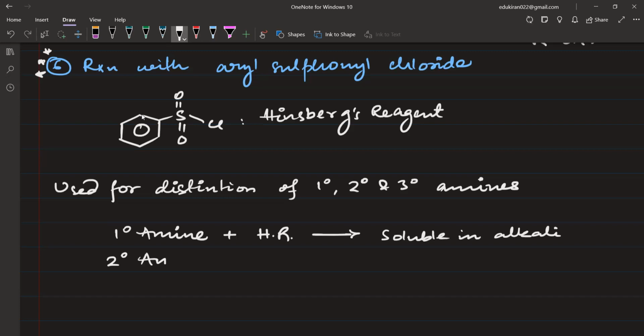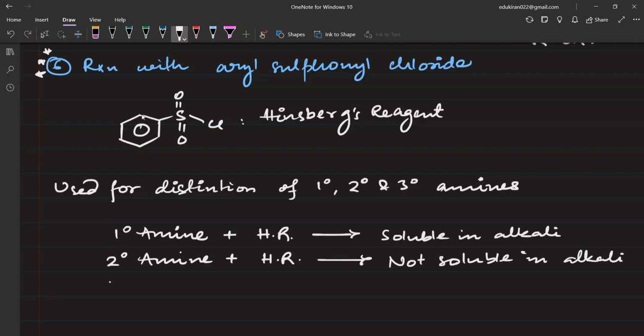Two degree amine plus the Hinsberg's reagent is going to be not soluble in alkali. It will give a product, but it will not be soluble in alkali. And 3 degree amine plus Hinsberg's reagent does not give any reaction, no reaction.